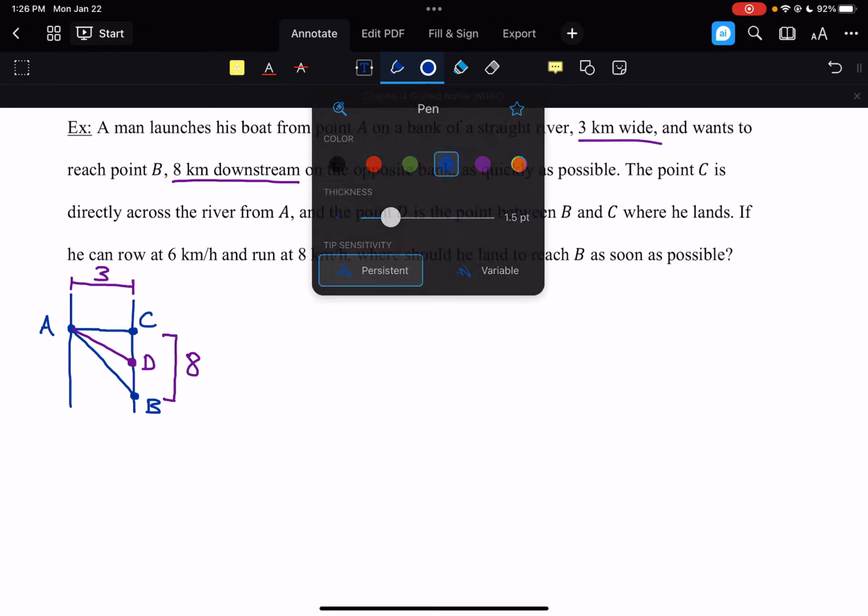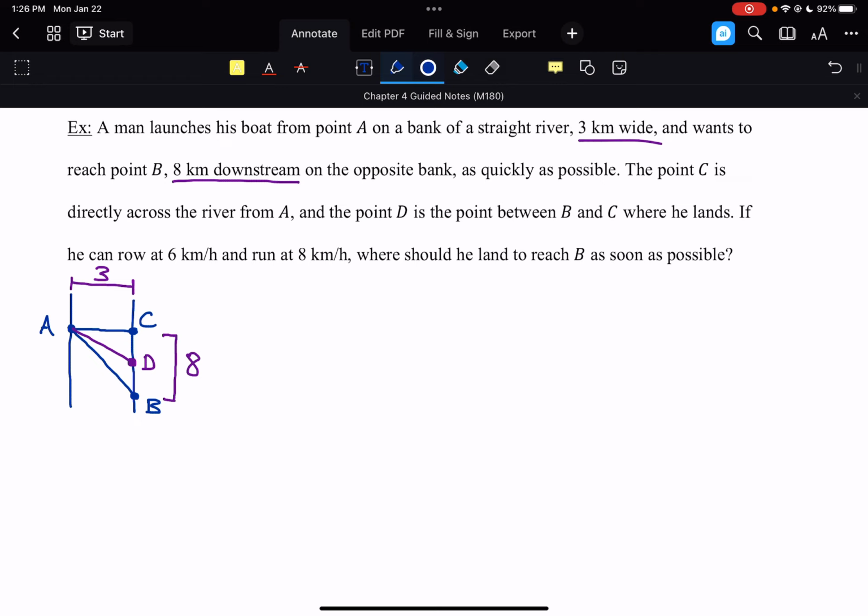So we need to establish some variables here, because we know the total distance across is 3, we know the total distance down is 8, but we don't know how much of it he rowed and how much of it he ran.